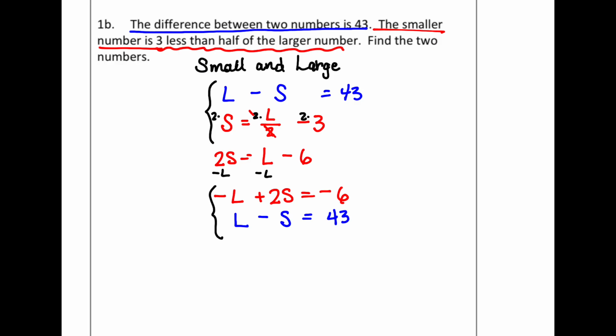And you can tell, I hope, that if you add them right now, the L's will cancel. So that's what I'm going to do. So add, L's cancel. This is a 1, so 2 minus 1 is 1, is equal to 37.